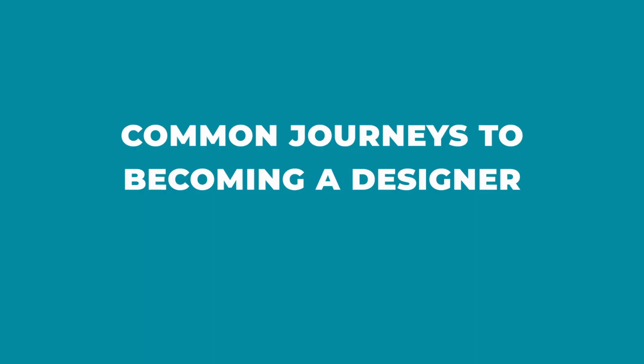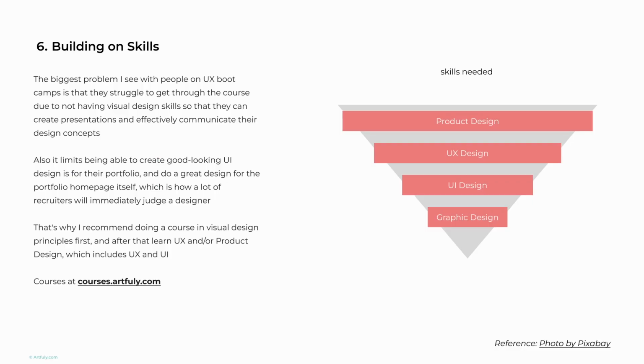Let's move on to common journeys to becoming a designer. So this diagram's all about really building on skills. So if you're brand new, I don't know, say maybe you're straight out of school, graphic design skills or visual design skills are one of the easiest things to learn. It's a myth that you need artistic talent to be able to do graphic design.